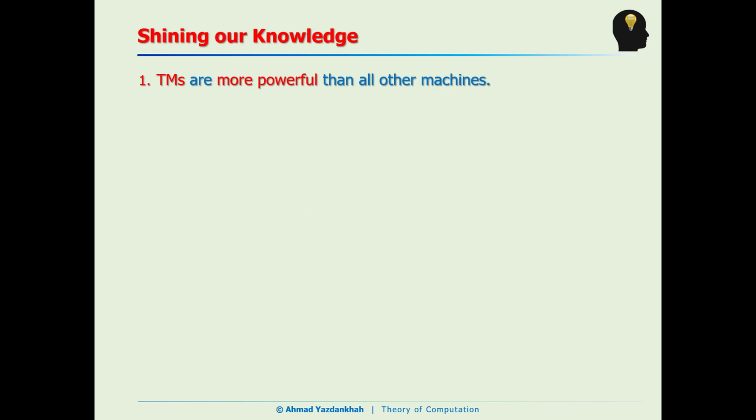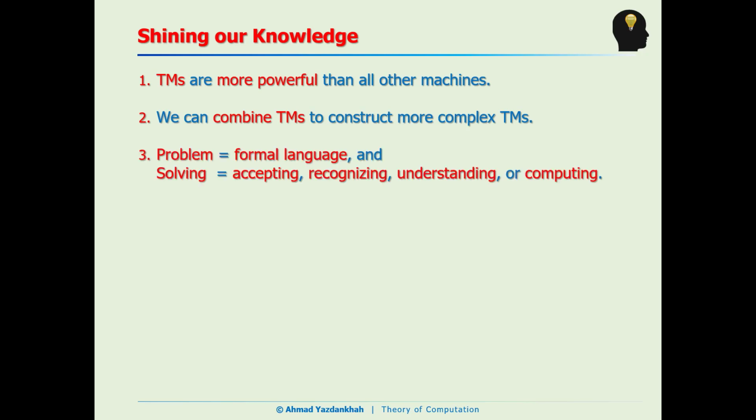We have no doubt at this moment. The second thing is we can combine Turing machines to construct more complex Turing machines. And we took some examples during the semester and we are sure about this. And the third thing is problem is equivalent to formal language.